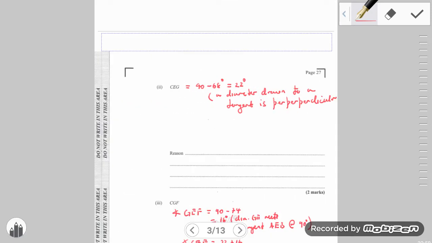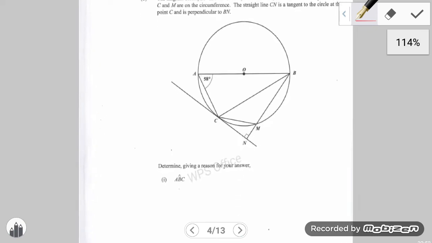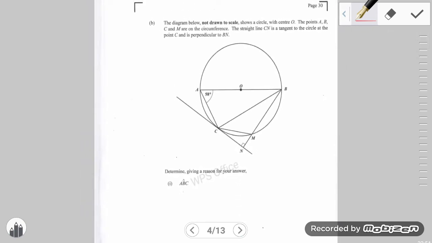So one final question here, guys, for this particular video. This one is saying now the diagram below, not drawn to scale, shows a circle with center O. The points A, B, C, and M are on the circumference. As I said here, guys, the previous 2 questions had this very same line.